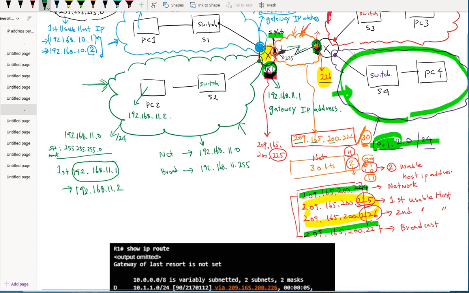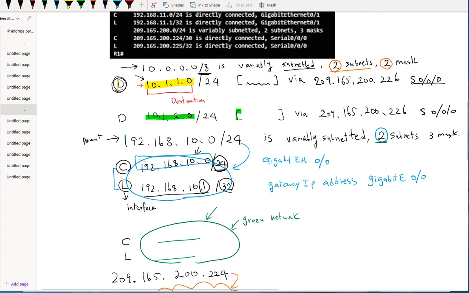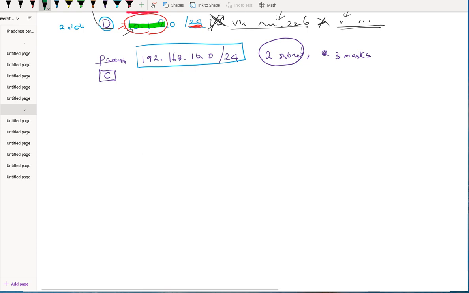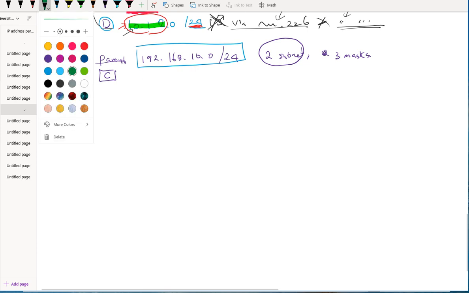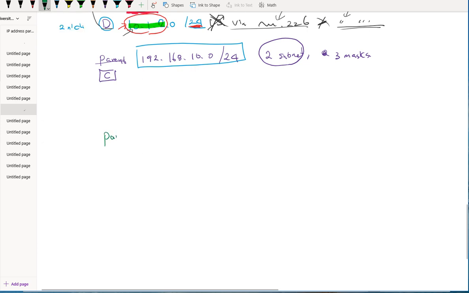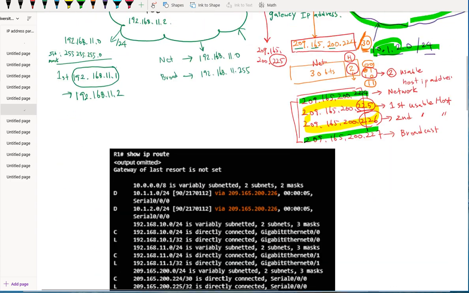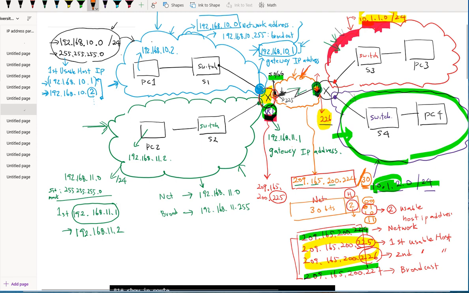So we have 3 parent addresses. One for the sky blue, then another parent route entry which is green, and the last one is orange. The orange is that interface, this orange interface, this guy.